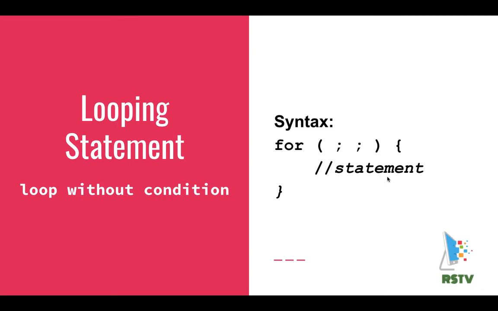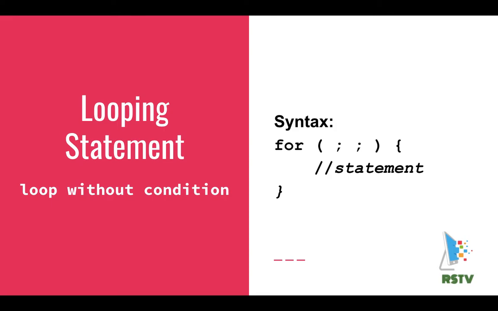The statement will still execute. Why? By default, the condition of a for loop is true. So if you leave it like this, and write a program using it without initialization, condition and increment or decrement, it will execute infinitely. It will go like an infinite loop.